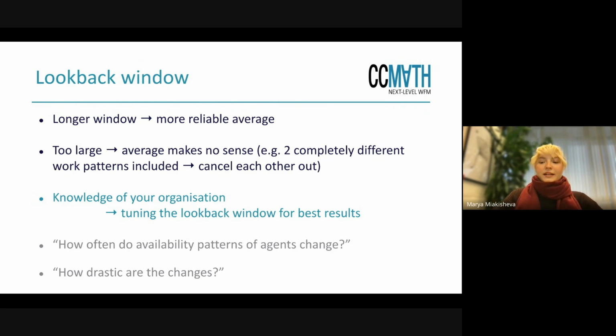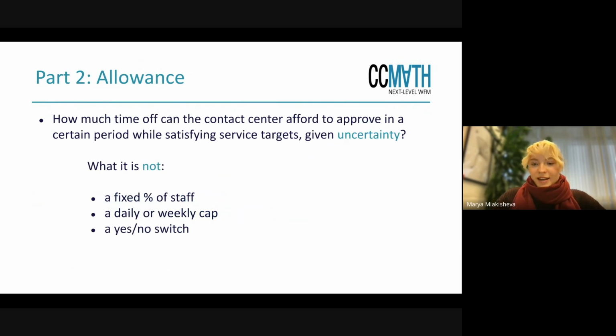And with that, we conclude the topic of allotment for today, and moving on to allowance. So now, to refresh a little bit, allowance is about the business. Allotment was very centered on the agent and very individual.